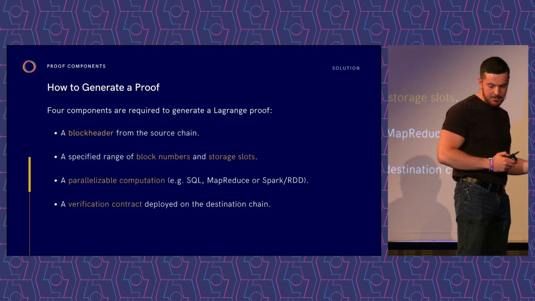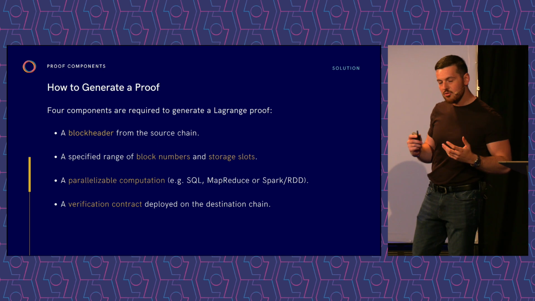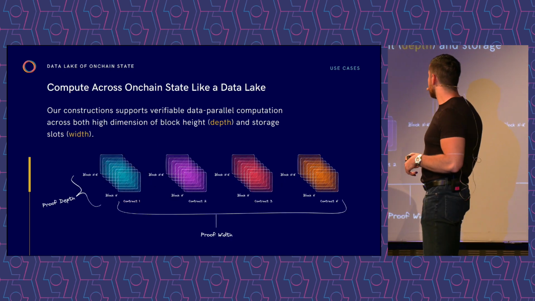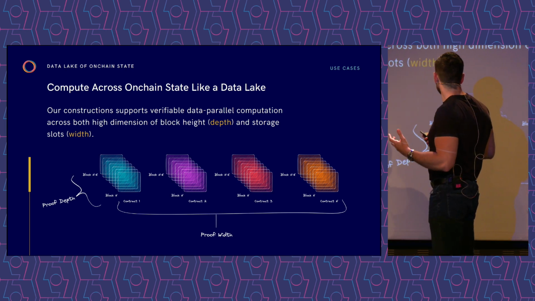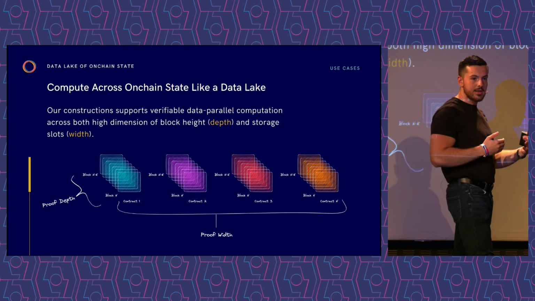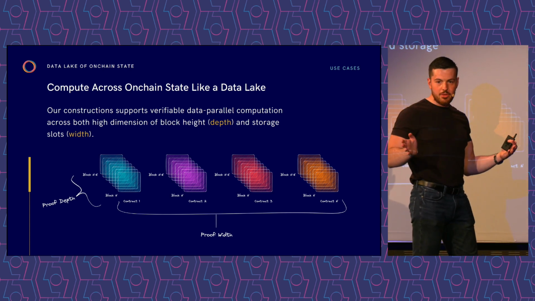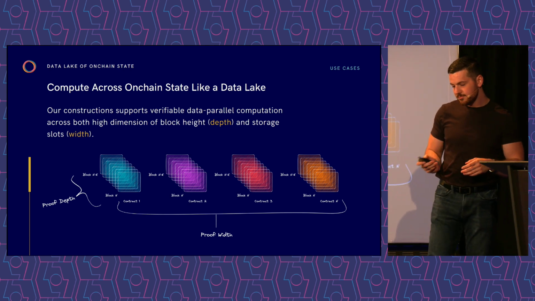So very simple, doesn't require much, and drastically improves the surface area of applications you can build. What this does at a very high level is allow you to compute across on-chain state like a data lake, with high cardinality of depth of historical data and high width with respect to the amount of data you want to compute per proof.